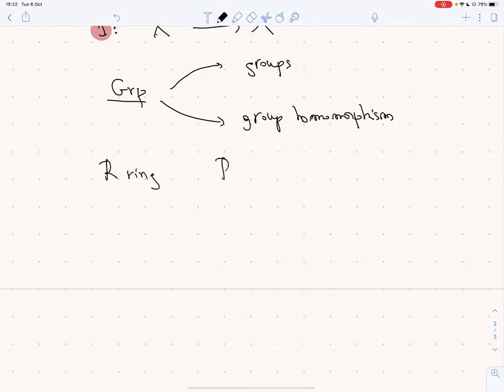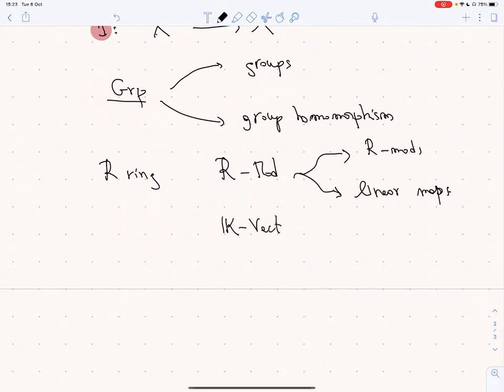Then we can define R-modules. And here we have modules and linear maps. Of course, one great example of this is K-Vect, which are just R-modules over a field.